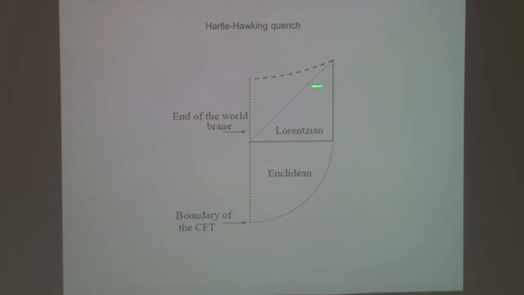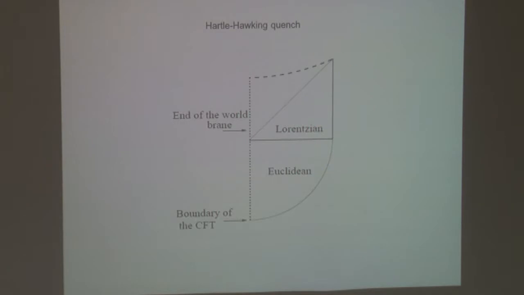In case you are not familiar with that work, just take this as a fact: you start with a certain boundary state in a conformal field theory, so this is the boundary, and do a Euclidean evolution for a quarter of a circle, and then you arrive at some state here, and then you evolve in Lorentzian time for the rest of the evolution, according to the standard CFT Hamiltonian, and you can look at the time dependencies of that.